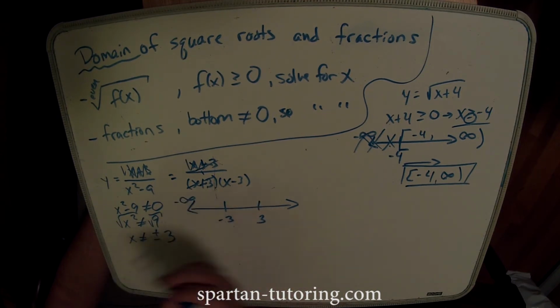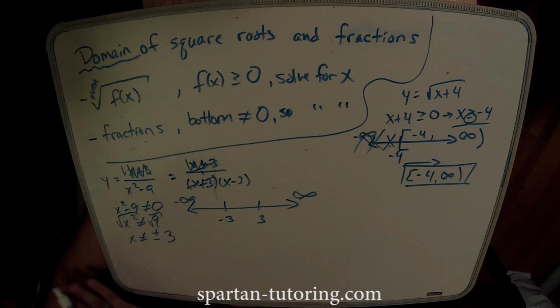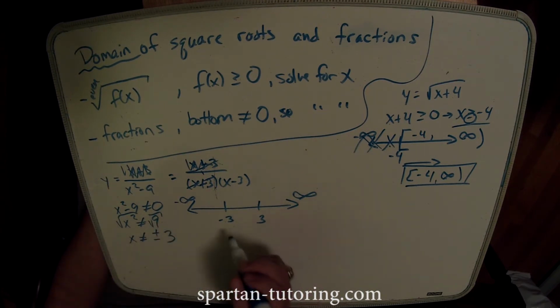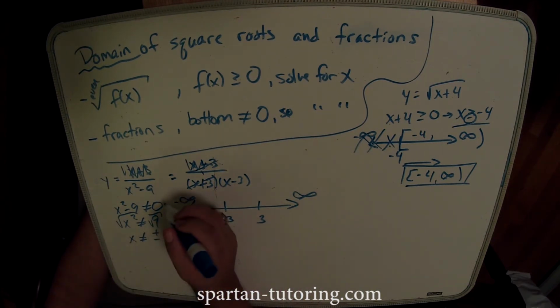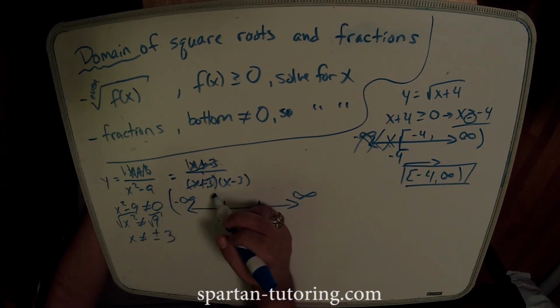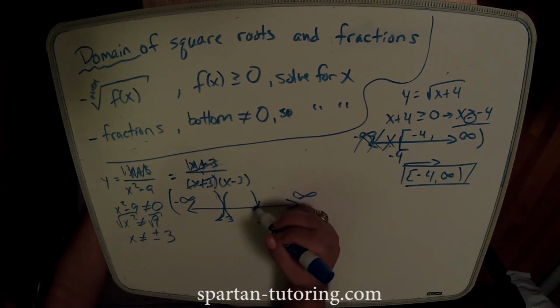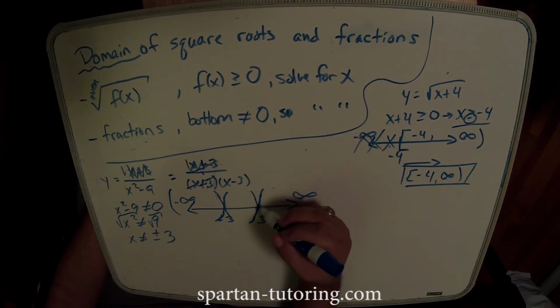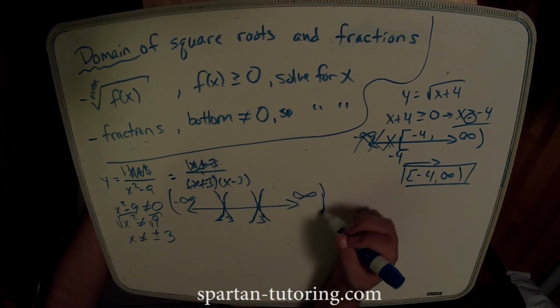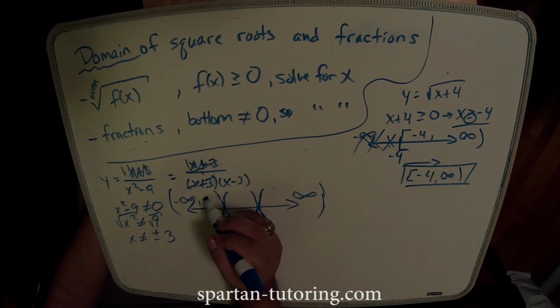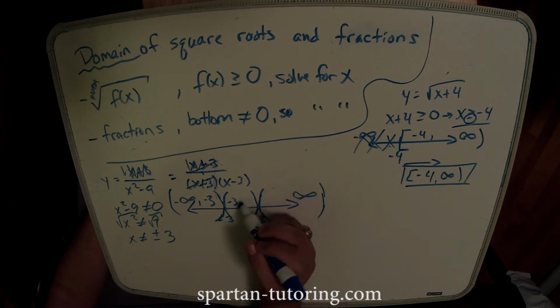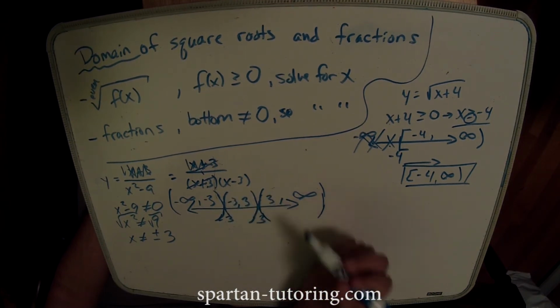From negative infinity out that way, positive infinity over here. With fractions, if you don't have an even root, everywhere is all good, except at negative 3 and 3. So I'm coming from here and approaching, but it'll never be negative 3. Then I go from negative 3 to positive 3, then from positive 3 to infinity.